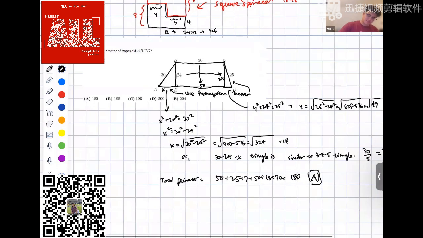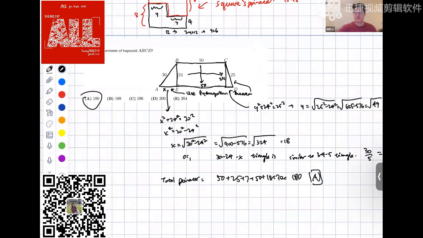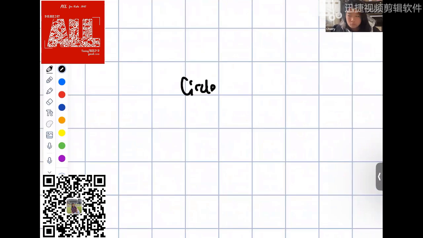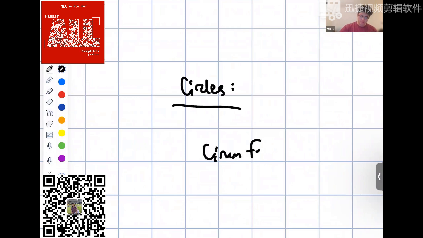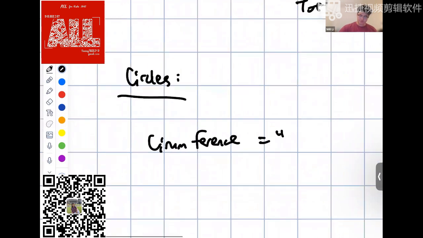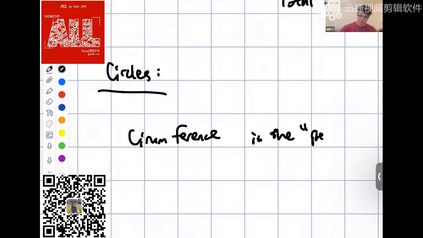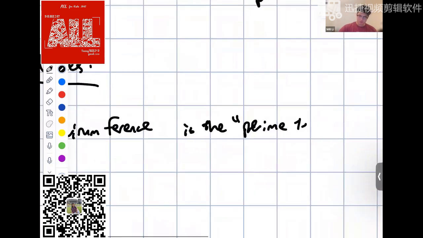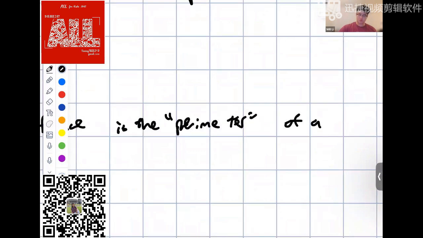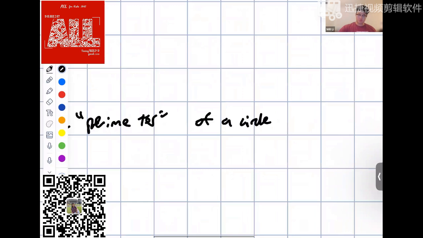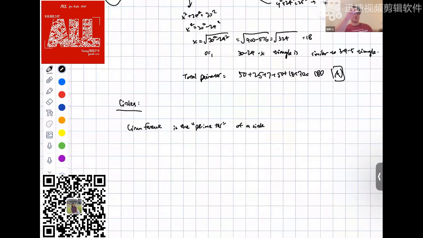So the last thing I'm going to cover today is very quick. Both of you know about circles, right? All I'm going to say is the circumference equals the perimeter of a circle, or how long it is to go around the circle.